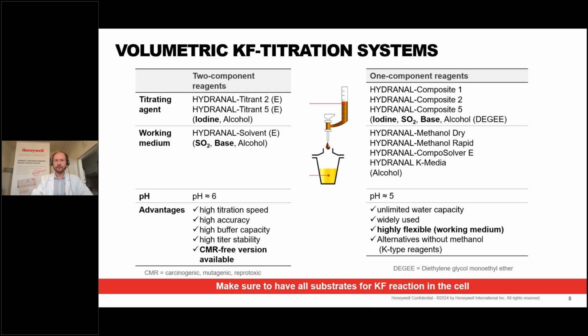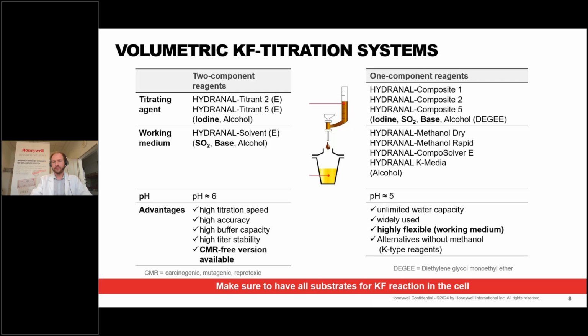However, the two-component reagents also have some benefits. They are extremely stable since the iodine is separated from the reactive compounds like SO2 and base, and the pH value is higher, so the titration speed is very fast.